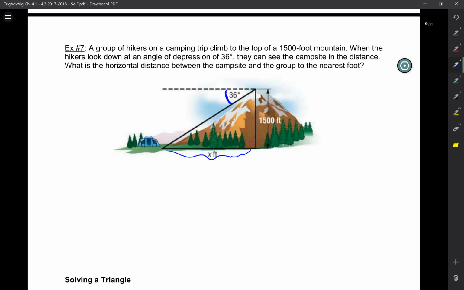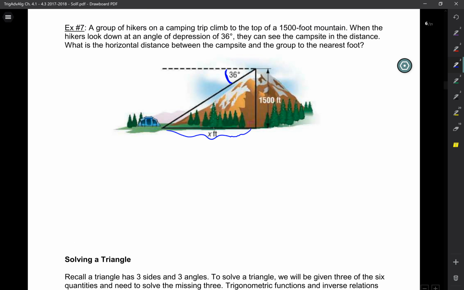All right, so that's fine, mountains and tents are fine. Those are all pretty, but when it comes to the math, all I need is a triangle. So I look for a right triangle. And oh, look, there's a right triangle right there. Now, if that's the right triangle, how big is that vertical distance? How much? 1,500 feet, right?